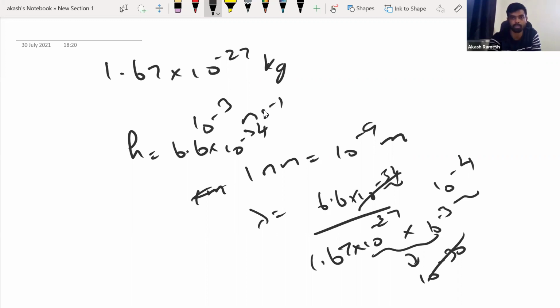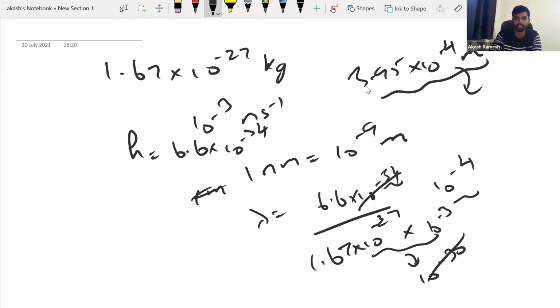Okay, 3.95 into 10 to the power minus 4 meters is what you're getting, right? So if I write it in nanometers, what should I do? I should divide by 10 to the power minus 9, right? Then no answers are matching. Why?